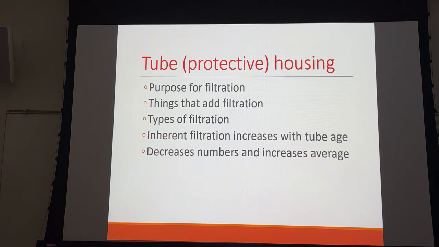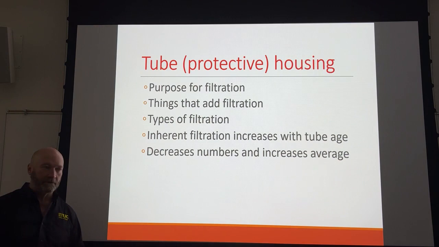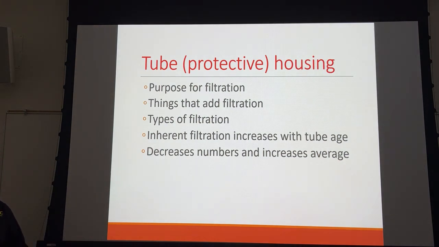So very good. So types of filtration, we've got inherent filtration. Added filtration would be anything above that. So something that you would add would be something like compensating filters. Compensating filters, you don't see a whole lot anymore because our computer algorithm does a pretty good job of evening out tissue density differences. So you take a lateral C-spine on a patient.